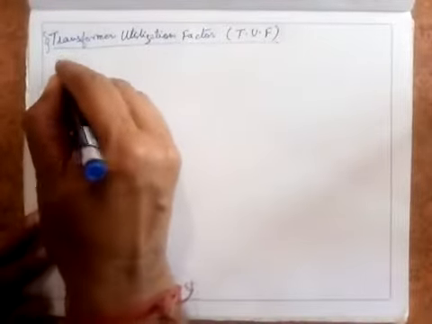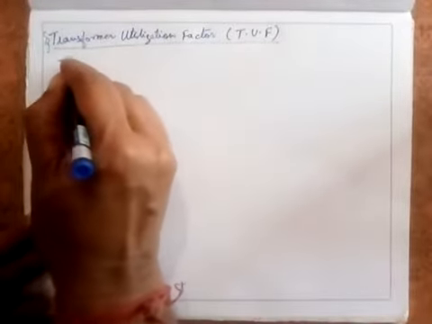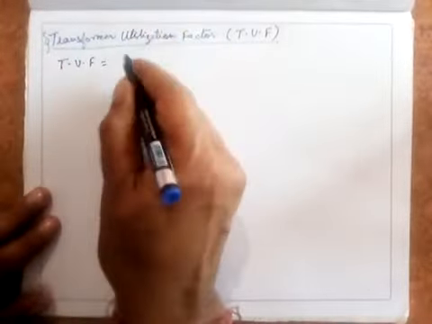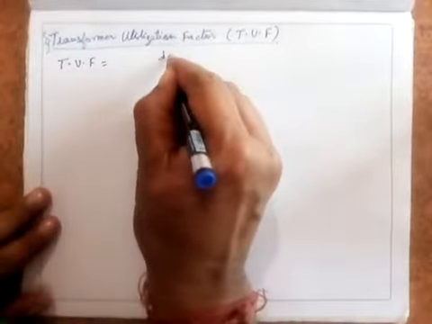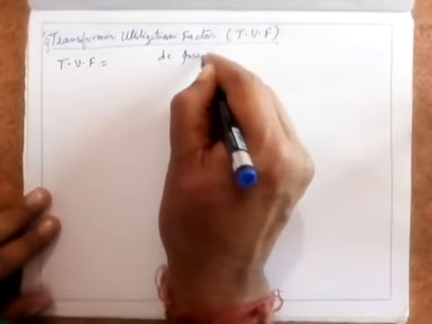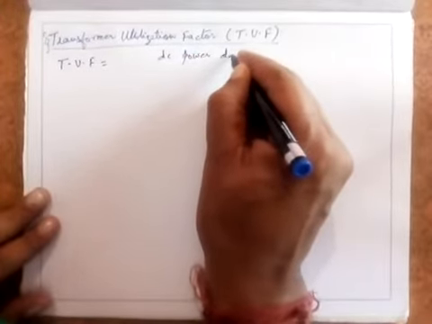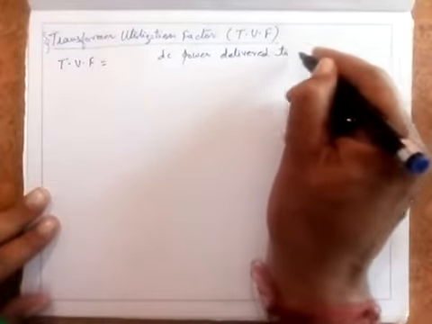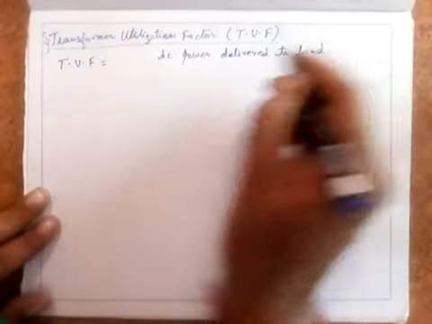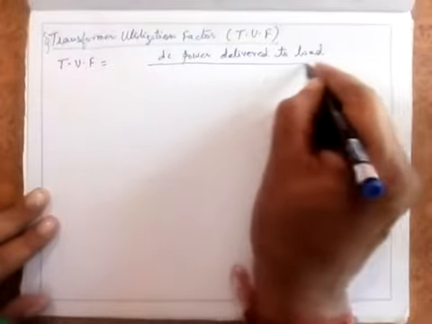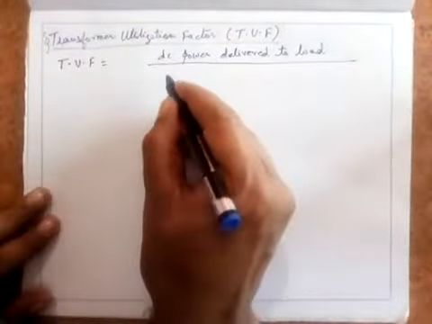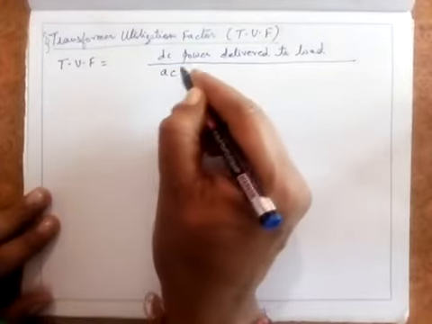What do you mean by this mathematically? First of all, TUF is defined as the DC power delivered to the load with respect to the AC power rating of the transformer secondary.